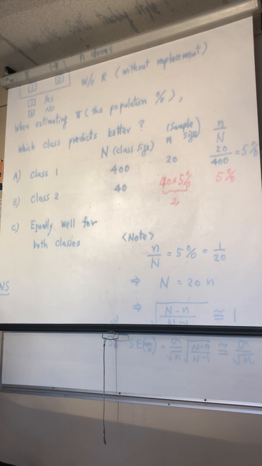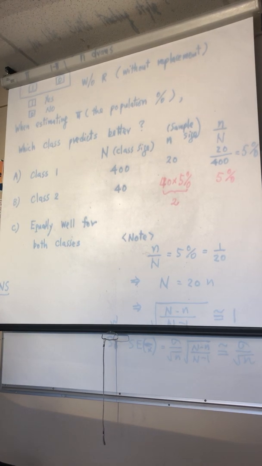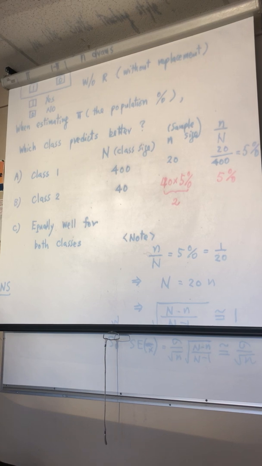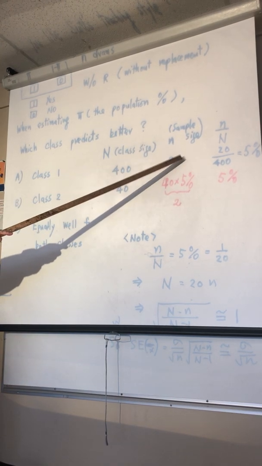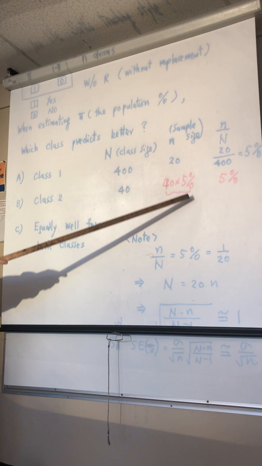When the population is 20 times bigger or even more, the ratio doesn't matter, because the finite population correction factor will be very close to 1. What determines the accuracy is that the one with the bigger sample size predicts better. This one has sample size 20, this one only 2.